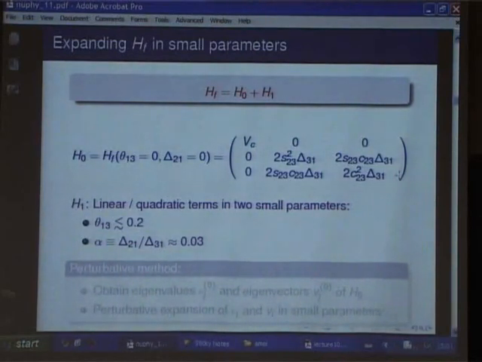Look at this 2 by 2 matrix. This is exactly what happens when you take something like (0, 1) and rotate by theta 2, 3. So eigenvectors here are going to be 1, 0, 0.